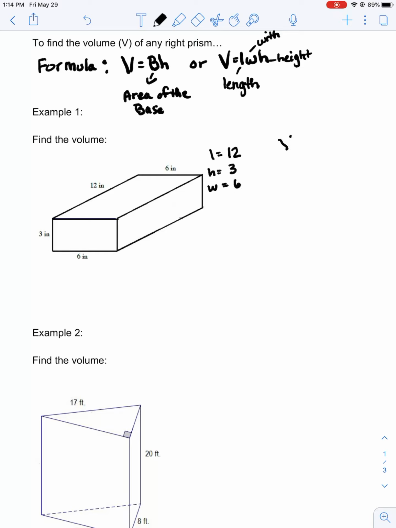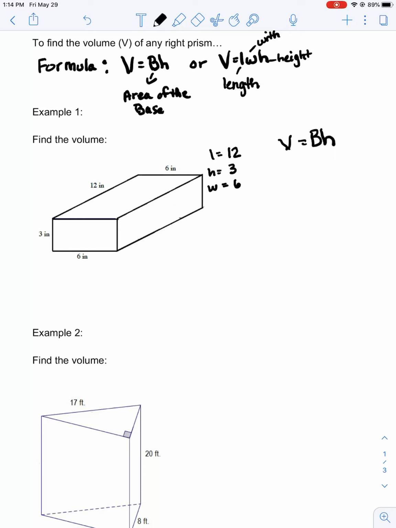So now we have our formula, which you can use either one of these. And I'm going to use capital BH because in anything that we have as far as our cheat sheets, that's what they will use.